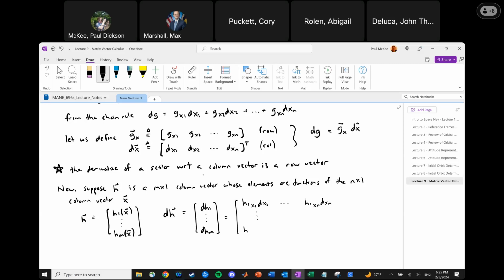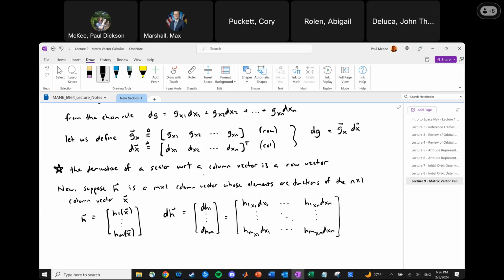And this is hm sub x1 dx1 through hm sub xn dxn. So to properly take the derivative of h, you are looking at a matrix where you have to consider the partial derivative of all of the terms in H with respect to all of the terms in x.